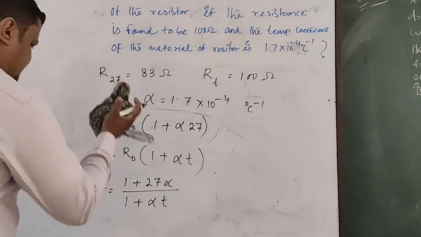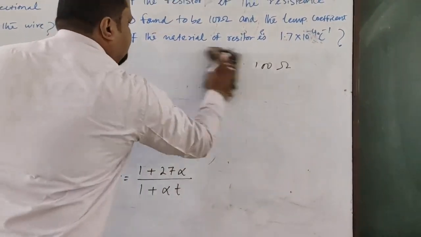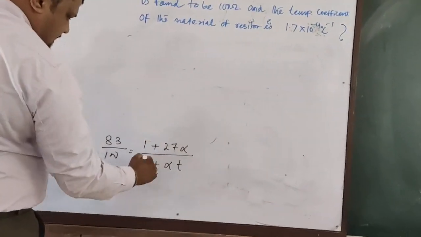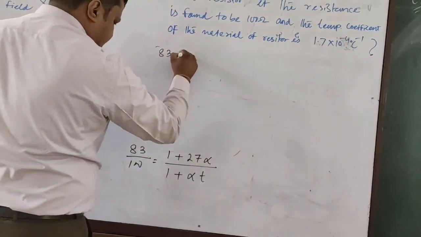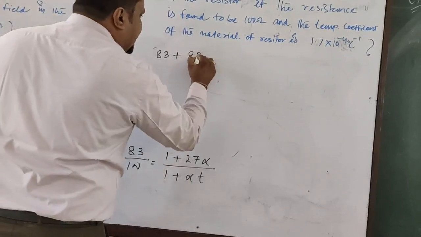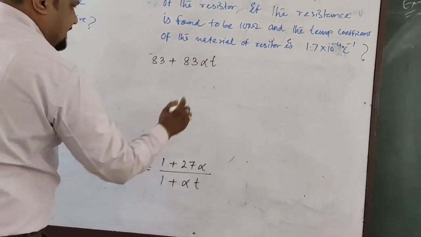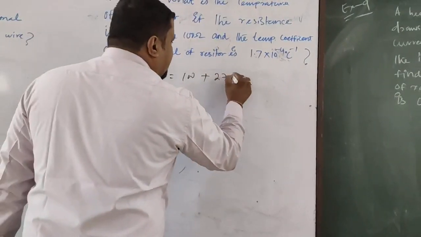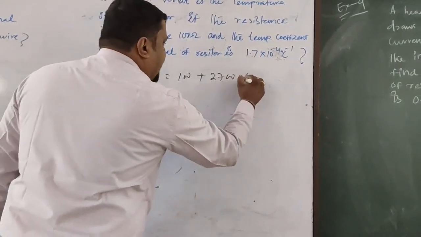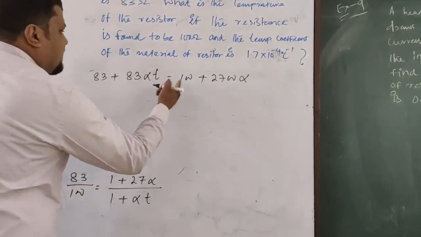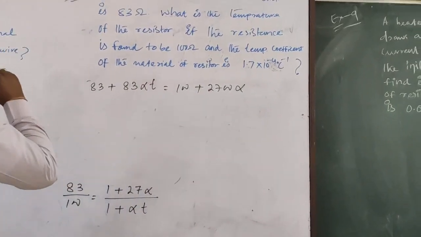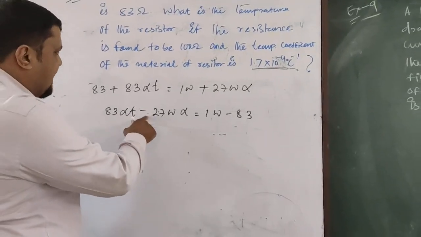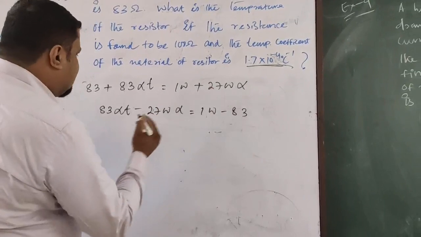And if you solve this one, we can write 83 plus 83 alpha T is equal to 100 plus 2700 alpha. So now 83 alpha T minus 2700 alpha equal to 100 minus 83.